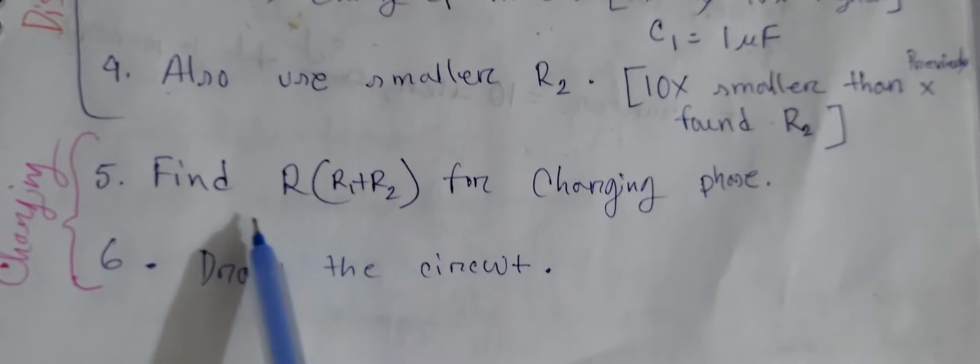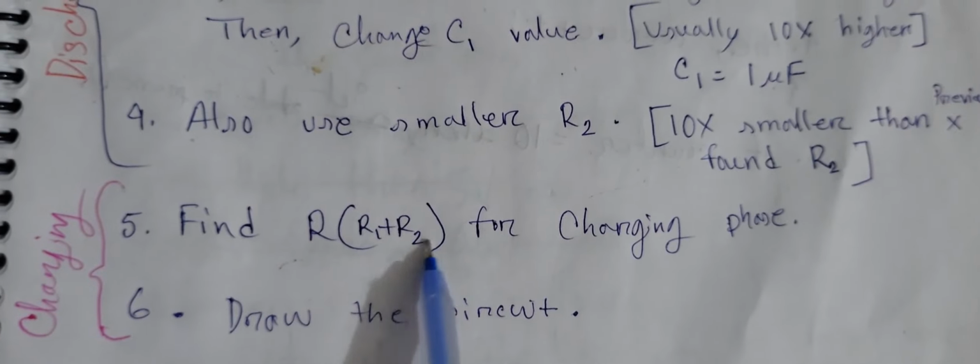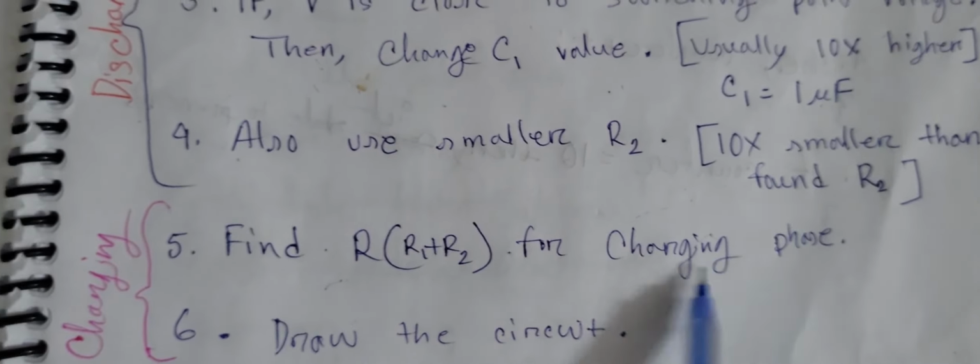So it's done. Now we have to find R1 plus R2. We can call it R for charging phase. So for charging phase, R equals T divided by C into ln of 1 minus V threshold divided by V final.